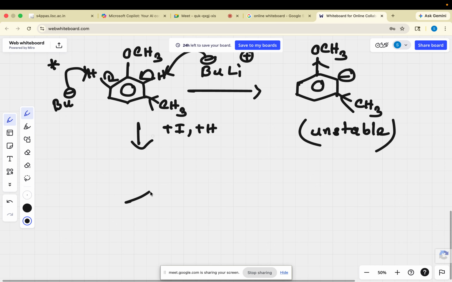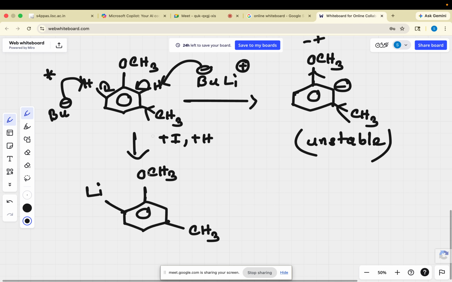So you will get this thing. Lithium will be introduced at this position, the left side of the methoxy group. Fine.